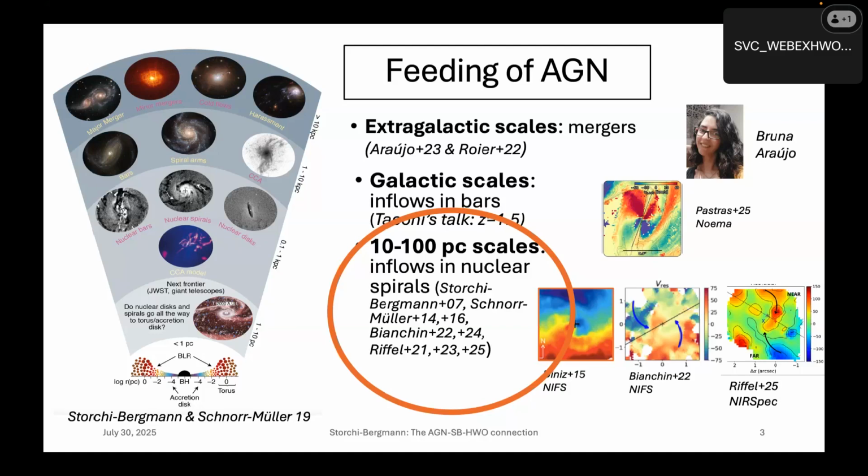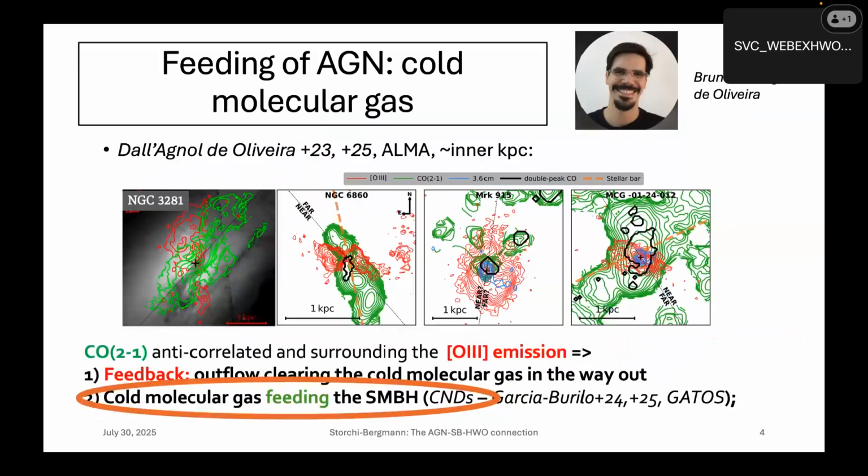We have found inflows also recently in molecular gas in AGN, in work led by Bruno Dall'Agnol de Oliveira, where the inner 1 kiloparsec of 4 AGN is shown.